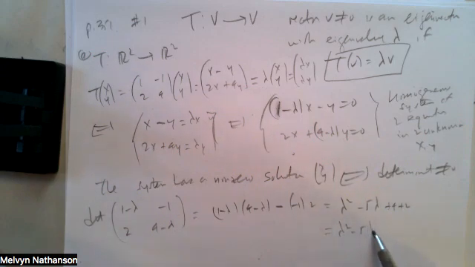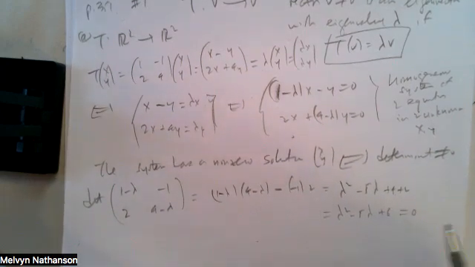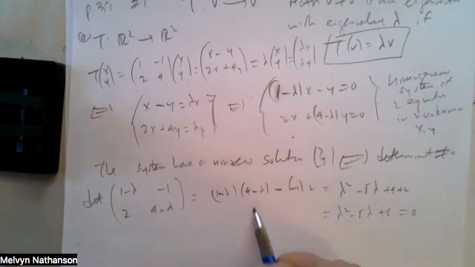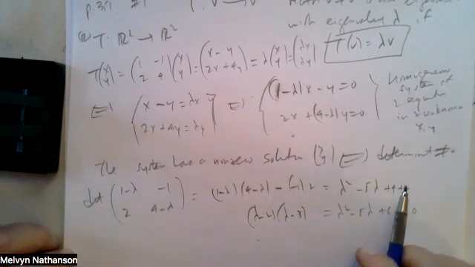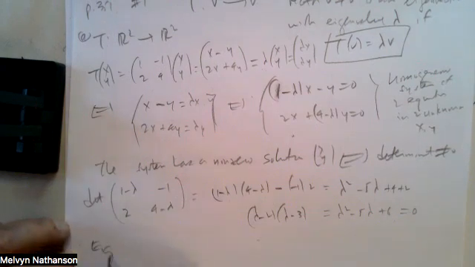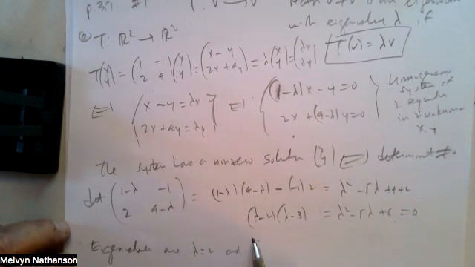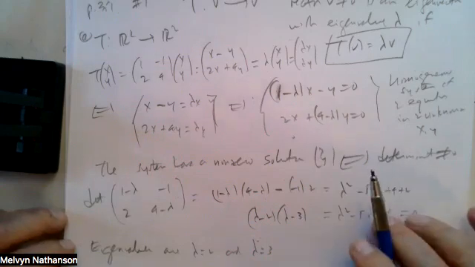That's lambda squared minus 5 lambda plus 6. When is that equal to 0? Solve the quadratic. Well, that's easy because this factors. This is lambda minus 2, lambda minus 3. So the eigenvalues for this matrix are lambda equal 2 and lambda equal 3.